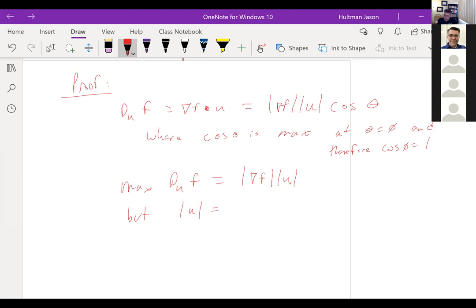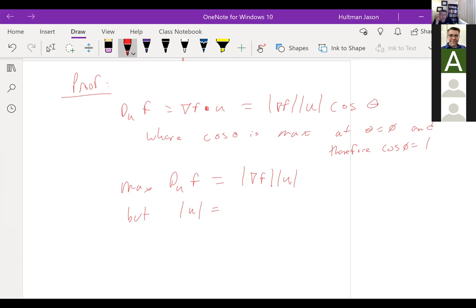We go back to the definition. What does u stand for? Why do we use the letter u? Because it's a unit vector. Exactly, thank you, Angie. Because it's a unit vector.